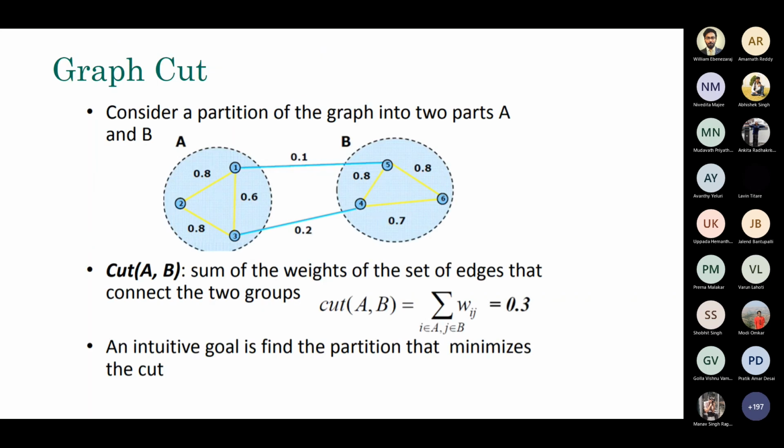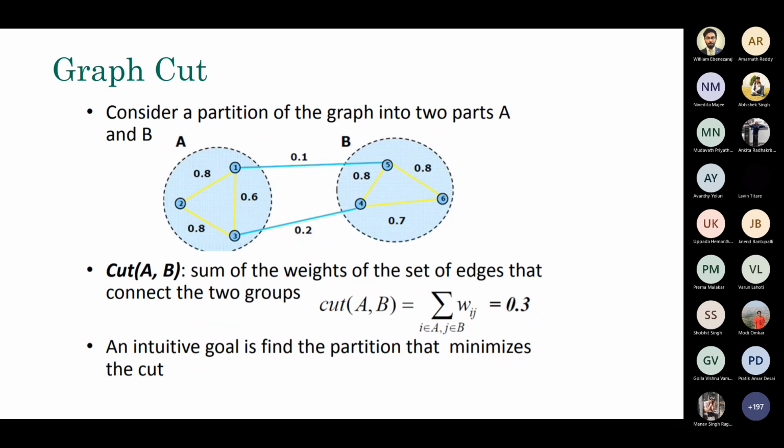Now graph cut. I already told you about minimum cut and so on when we dealt with the unweighted graph. But now I will be dealing with the weighted graph. In this picture you can see the nodes and the edge weights. So exactly the same definition, but slightly tweaked to fit the weighted graph: we want to partition in such a way that we minimize the weights of the crossing edges.